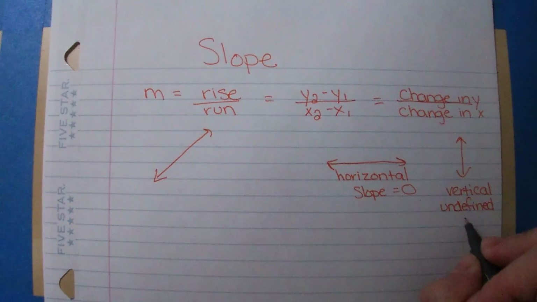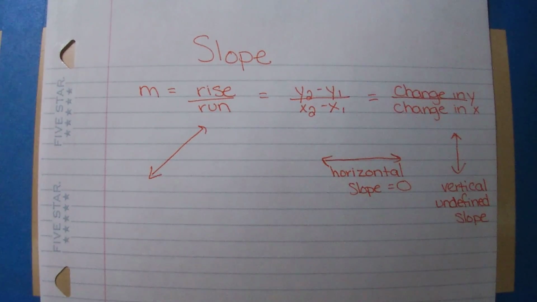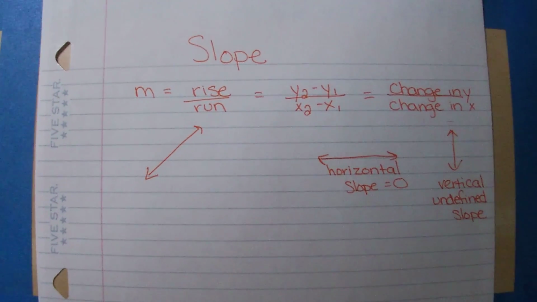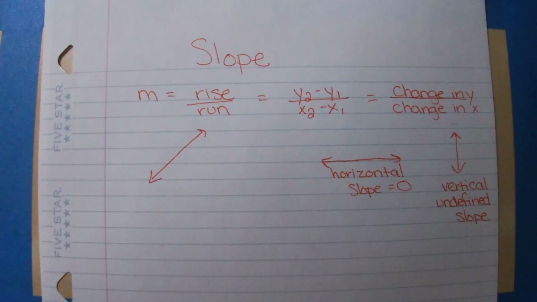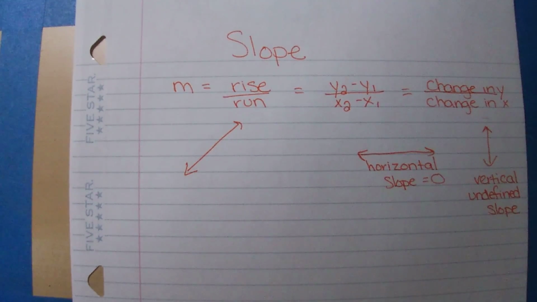Undefined slope means it's not possible to actually put your feet on it. You'd be falling off a cliff here. You can't walk on a slope that's up and down. Then we have our slope that's going up or down, and that gets a numerical value. That value tells us how steep or how shallow the line is.